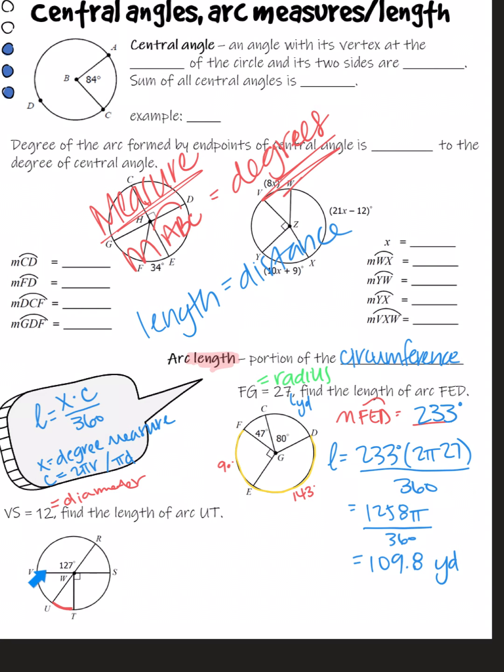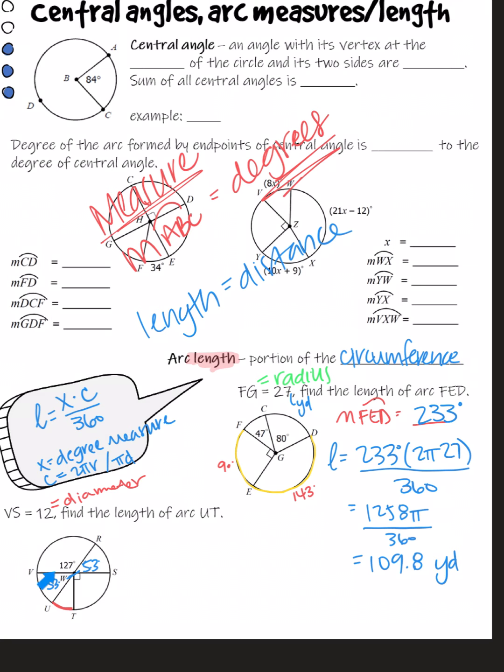This is our diameter, VS, so we know this is 180. If this is 127, I take 180 minus 127, and I get 53. Since these are vertical angles, this is also 53.